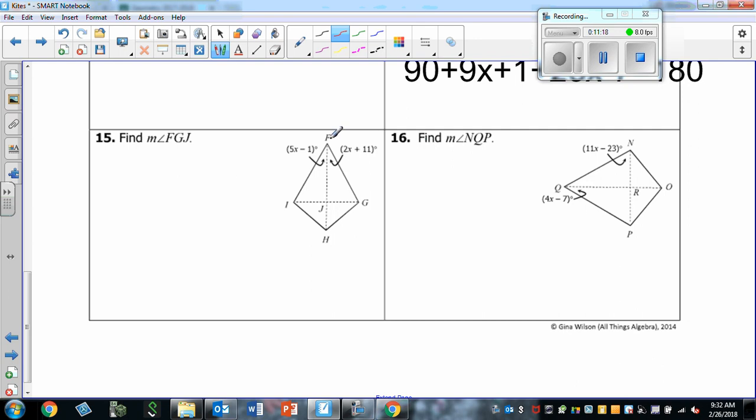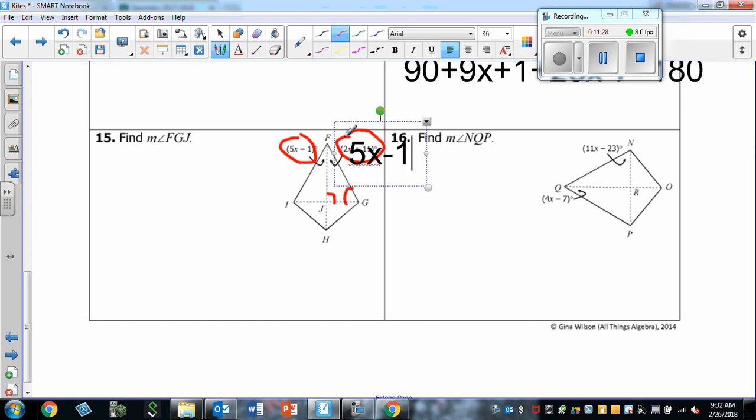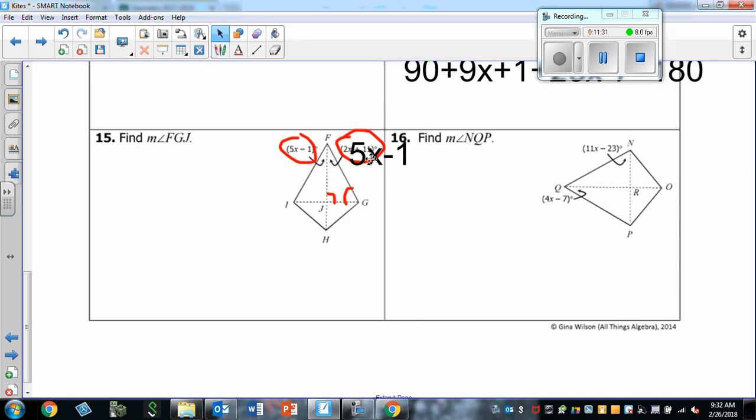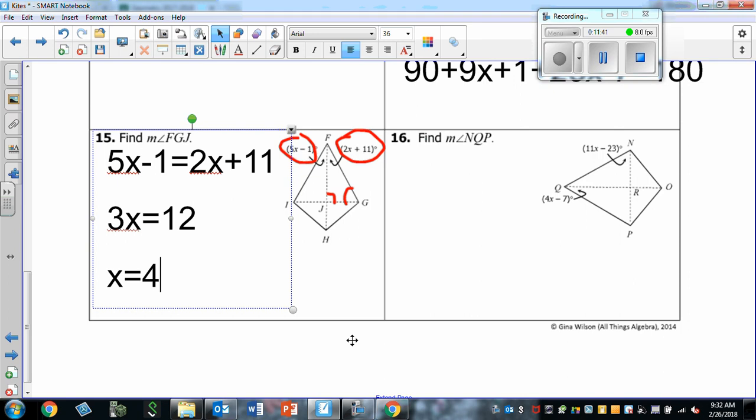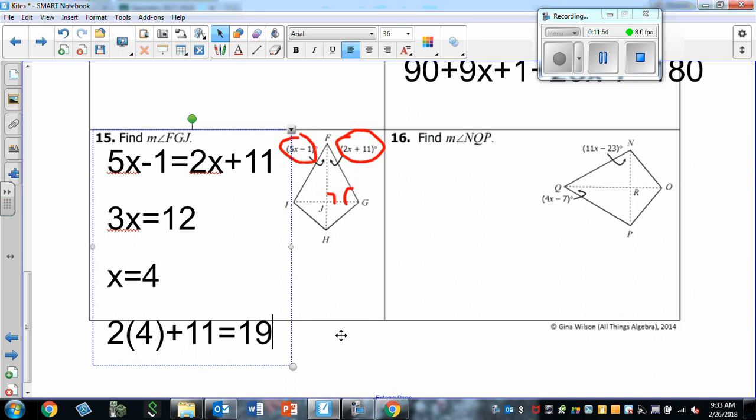On number 15, angle FGJ is this. I know this is 90. I know that these two should be equal, so set them equal. So 5x minus 1. Let me move that so I can see what's going on. 5x minus 1 equals 2x plus 11. So I end up with 3x equals 12, so x equals 4. Plug in 2 times 4 plus 11, which is 8 plus 11, so 19.